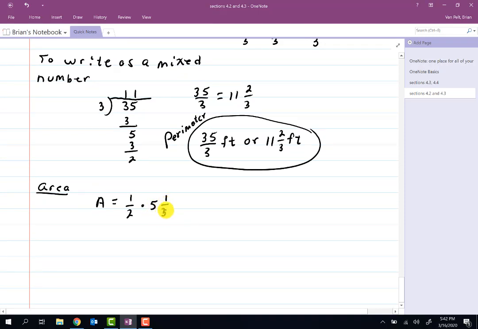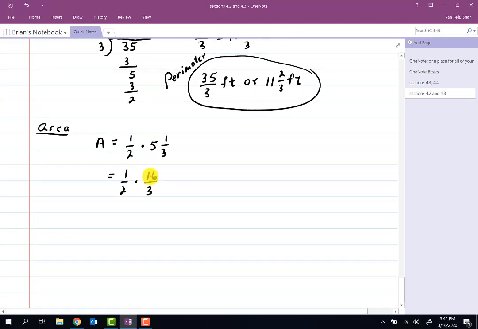As before, I'm going to change this 5 1/3 to a fraction. So it'll be 16/3. This time I'm able to cancel something. So it looks to me like my answer is 8/3. Now, since it was in feet, we'll have 8/3 feet squared.